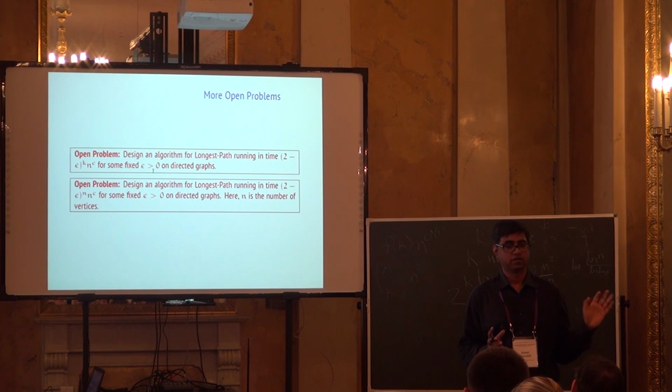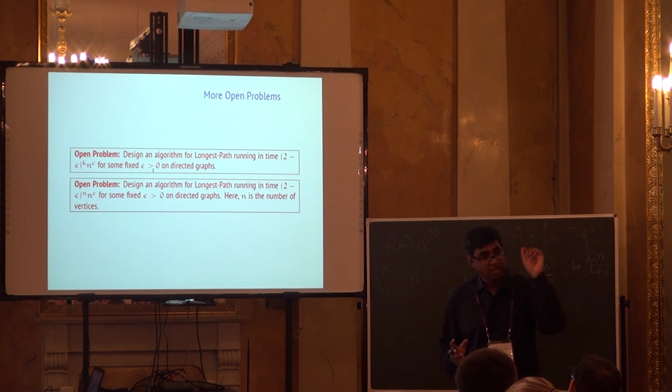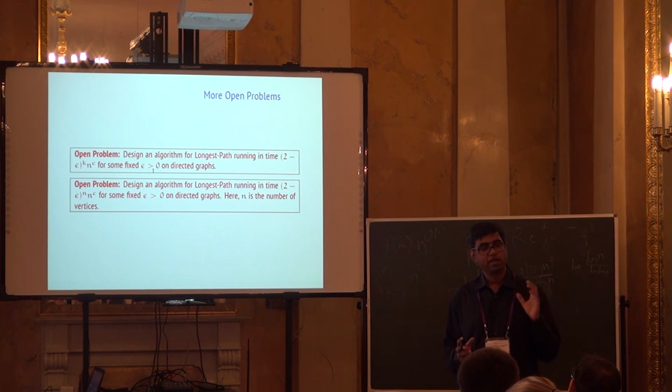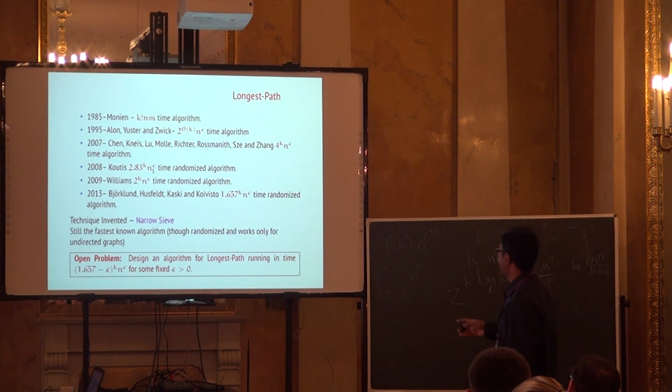Even this has been open for the last 7-8 years. In fact, any algorithm better than 2 to the power n, where n is the number of vertices, was open for a long time, before in 2010 Bjorklund came up with a very beautiful algorithm which gave this.